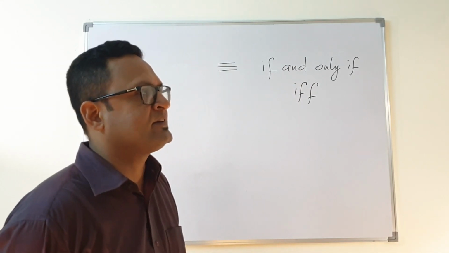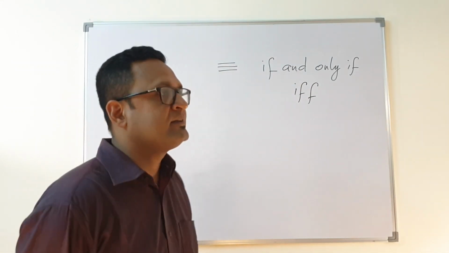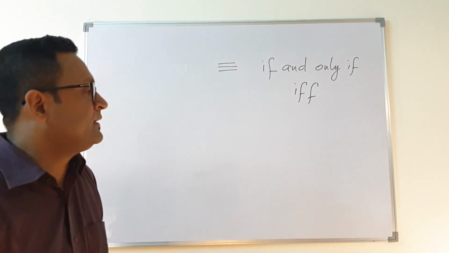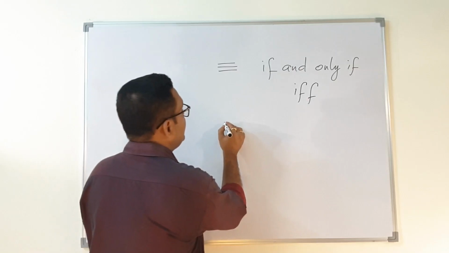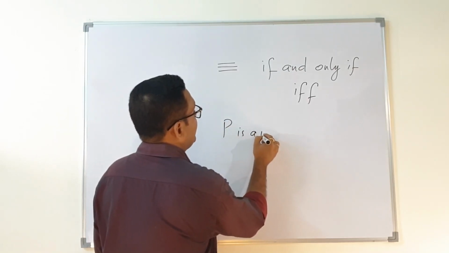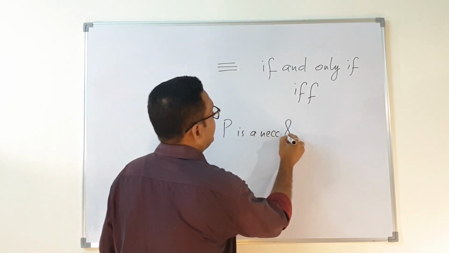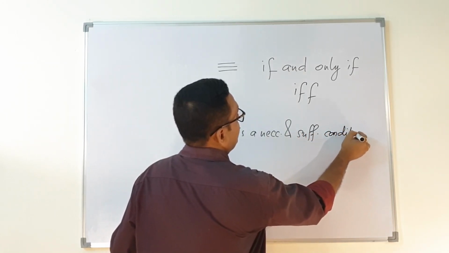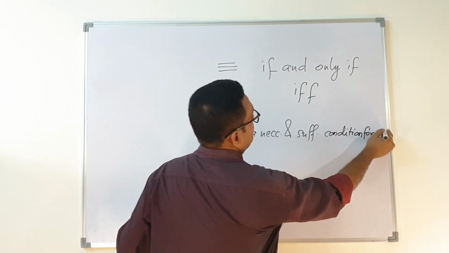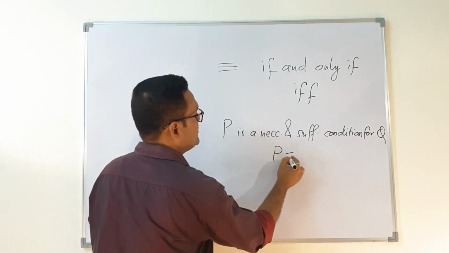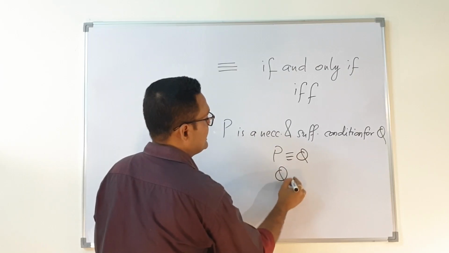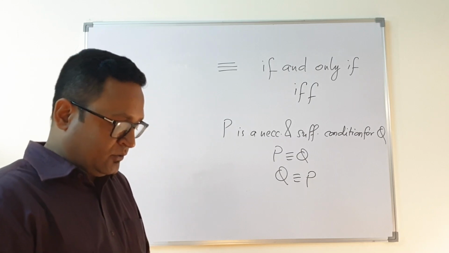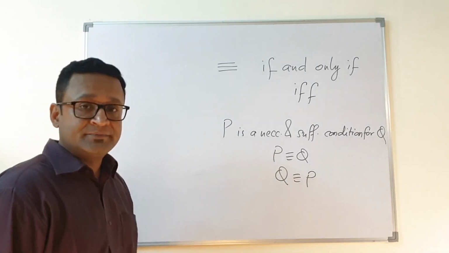These are certain conventions which students and logicians follow across the world. If P is a necessary and sufficient condition for Q, this is also P triple bar Q. You can also write it as Q triple bar P. There is absolutely no problem.